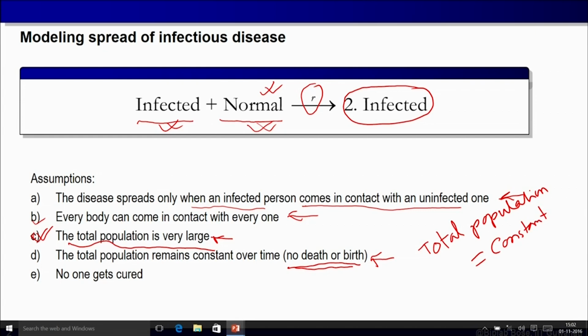This type of assumption is usually fair enough if we are considering a time period in which the population of the city or the school or the region you are modeling remains constant over time, does not change abruptly too much. And this type of assumption, to simplify the equations, we make very often in other biological processes also.